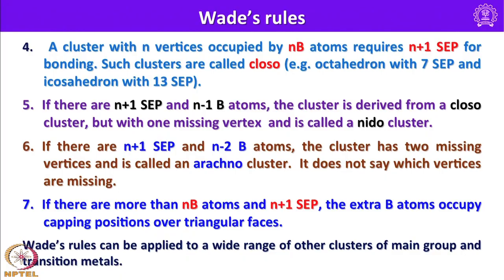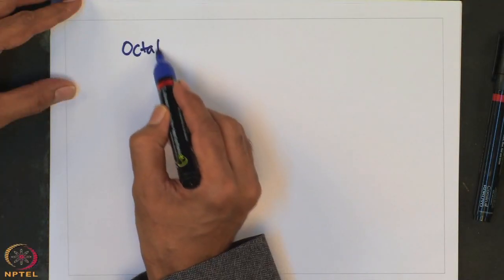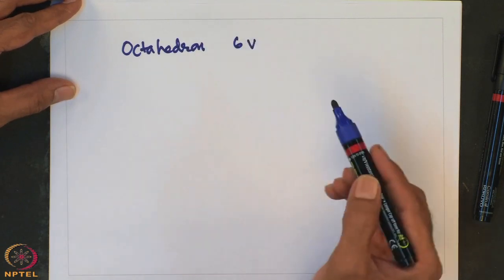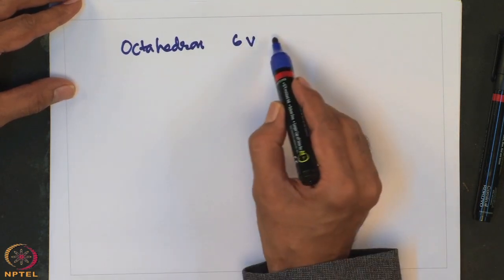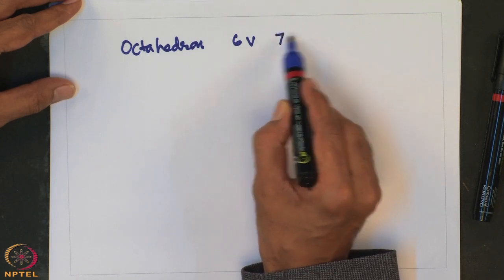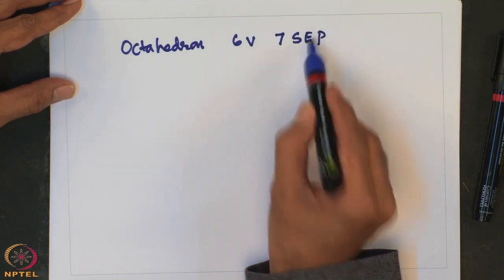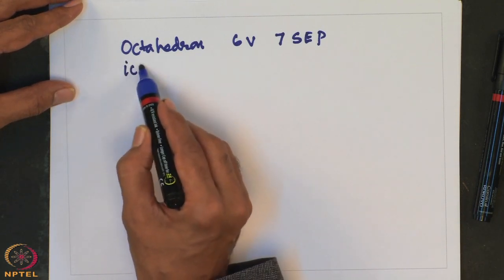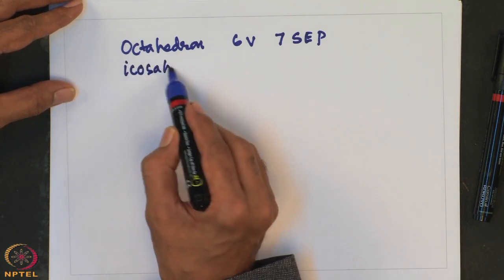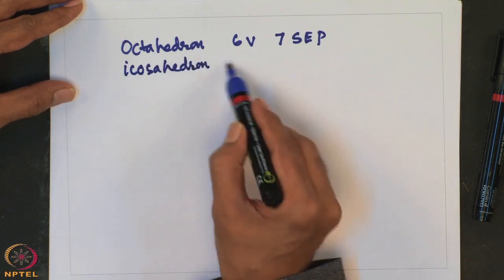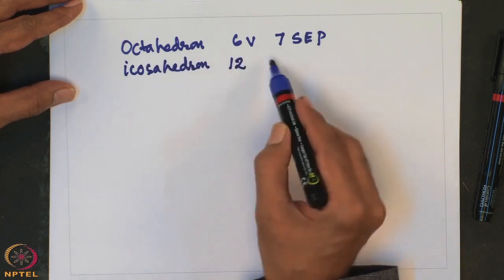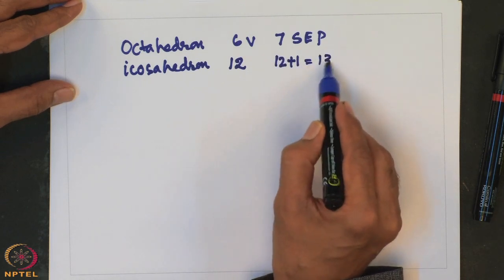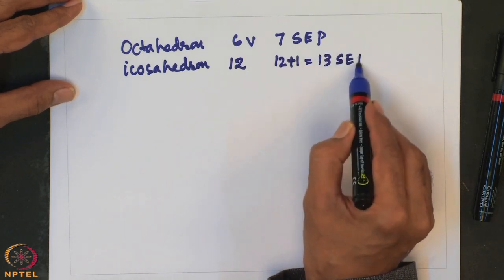In the case of an octahedron, we have 6 vertices, so we need n+1, that means 7 skeletal electron pairs. If you look into the icosahedron, we have 12 vertices, so here 12+1, that is 13 skeletal electron pairs, are required.